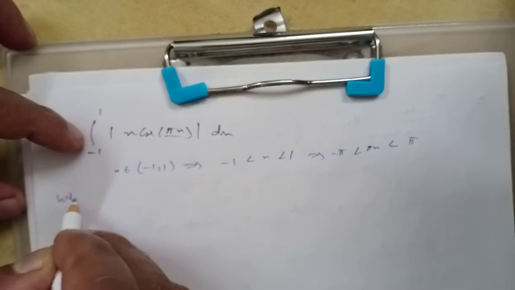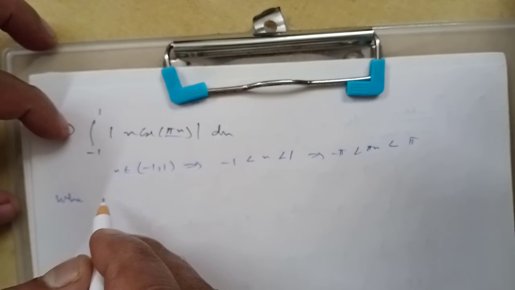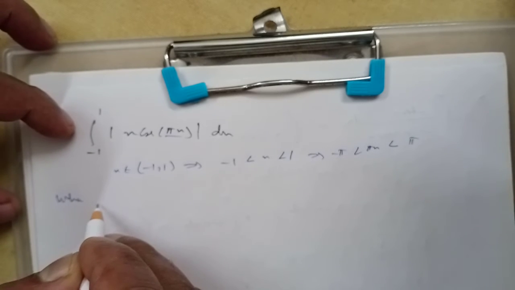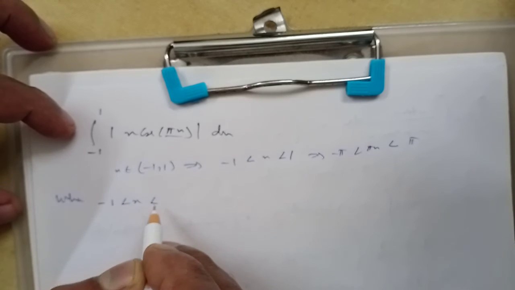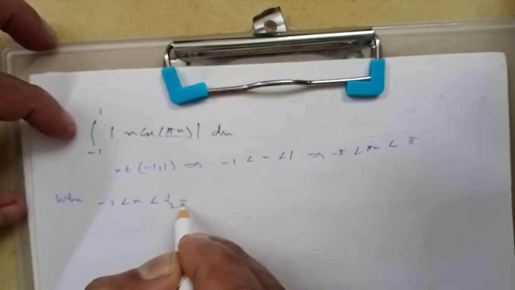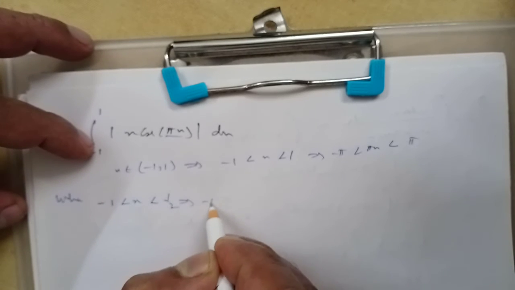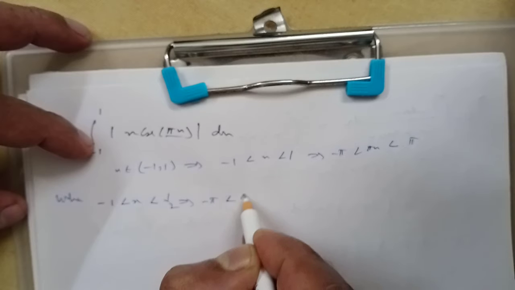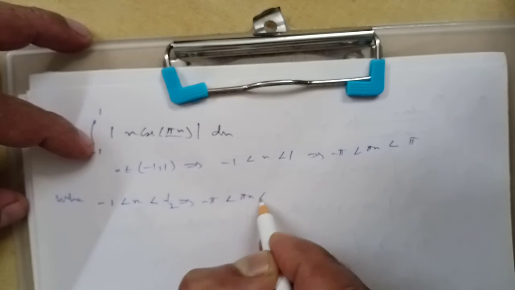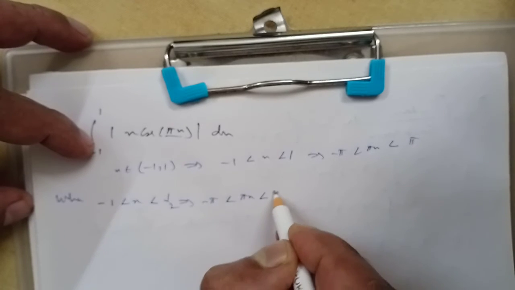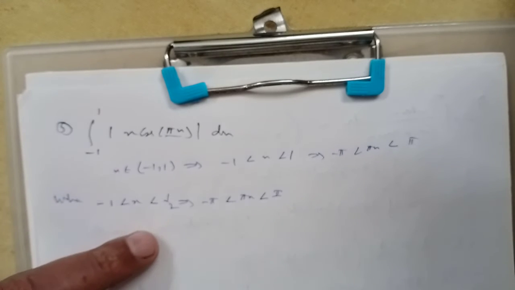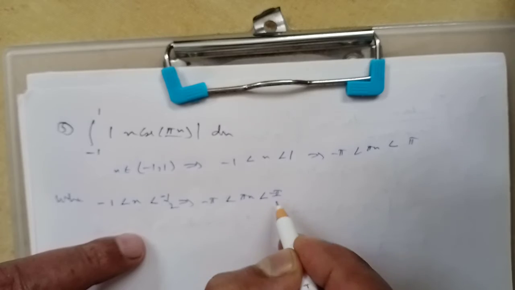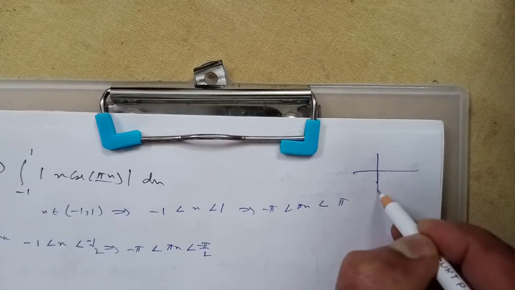So when minus 1 less than x less than minus half, that implies minus pi less than pi x less than minus pi by 2. Look at the quadrants like this.